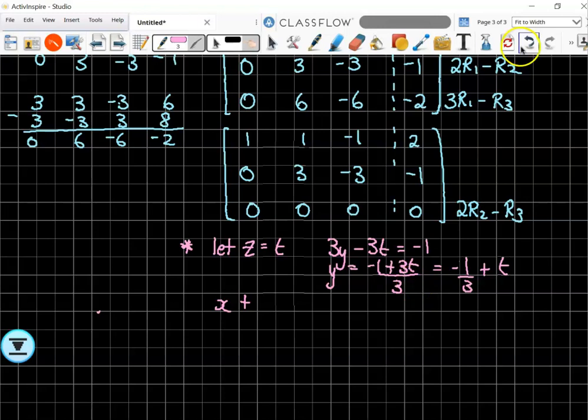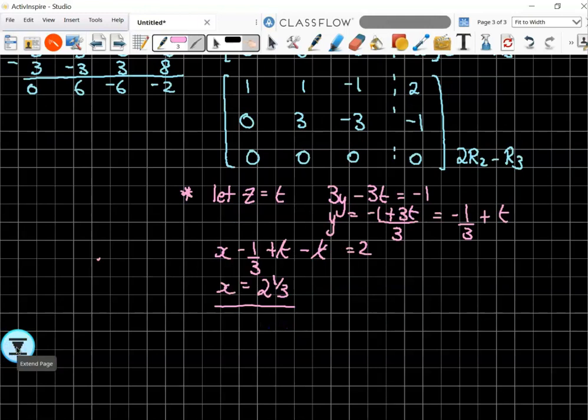So into X. Yep. Huzzah. So we get X plus Y, so that's going to be minus 1/3 plus T, and then we're going to take Z, which is T, so we end up with X equals 2 and 1/3.